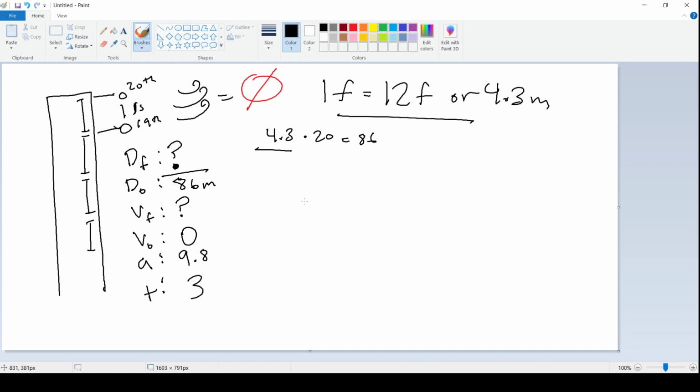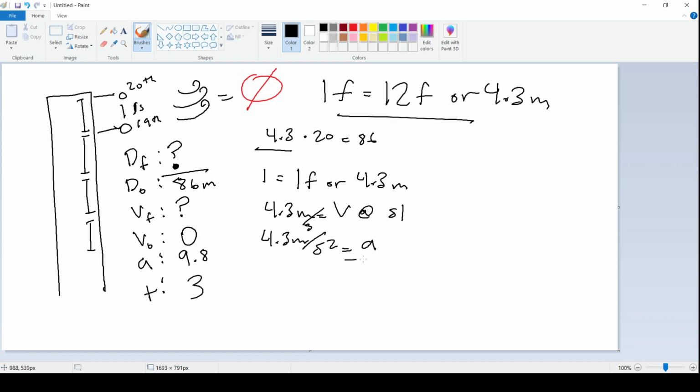So at our ratio of 1 second equals 1 floor, or 4.3 meters, that means 4.3 meters equals velocity at second 1. So that means 4.3 meters per second squared equals the acceleration constantly.